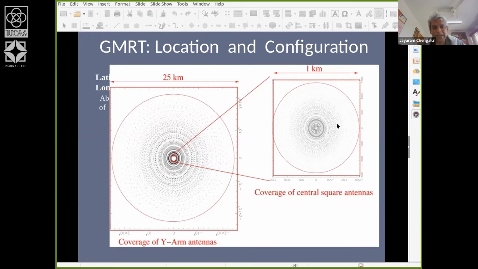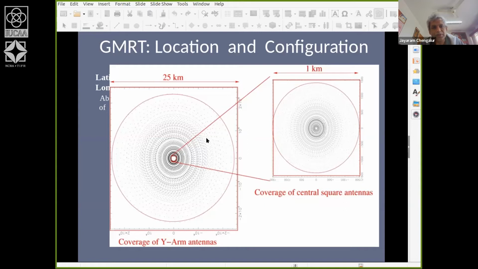So inside the central square, the sampling that I get is really completely dominated by those antennas. Whereas these antennas, since their largest separation is about 1 kilometer, will not give me any samples outside 1 kilometer. The samples which come outside 1 kilometer are basically dominated by the pairs between the arm antennas.